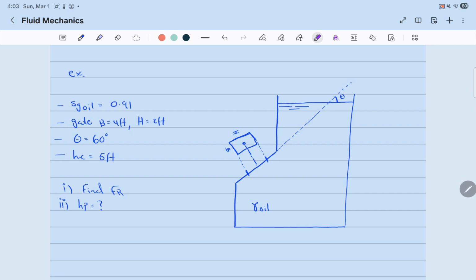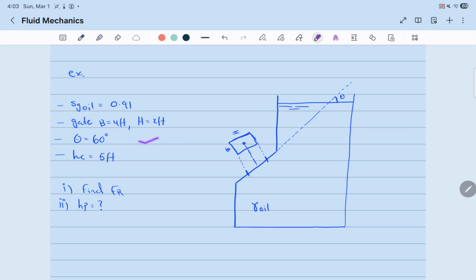Now, we know that the resultant force happened slightly lower than the centroid, and that is called the center of pressure. So we're given the specific gravity of the oil, which we can use to find the specific weight. We're also given the gate's dimension, the base, and the height, which is used to find the moment of inertia.